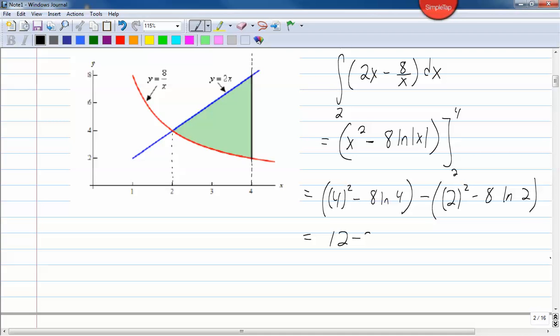And then you have a minus 8 natural log of 4. Then you're going to have a plus 8 natural log of 2. And so this would be a problem where you'd want to get a decimal. So you work that out in your scientific calculator. You get about 6.4548.